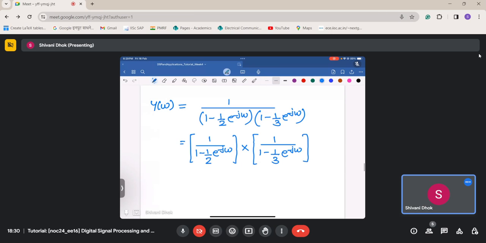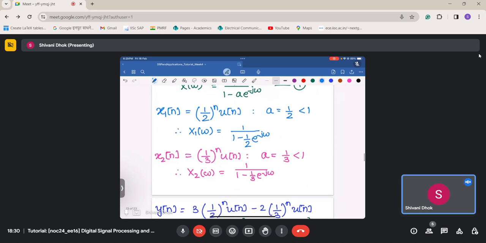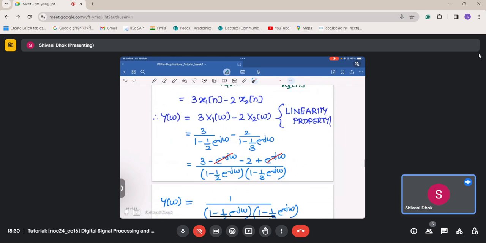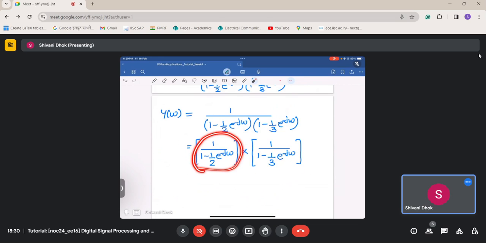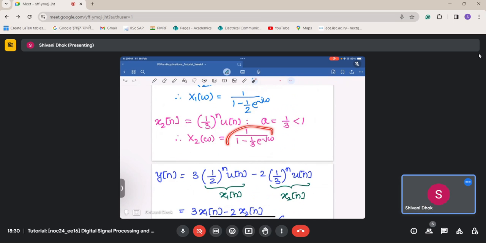So if you observe carefully, X1 of omega is this quantity, which is equal to what we have obtained here. So this quantity here is simply X1 of omega. Similarly, this quantity here is X2 of omega.